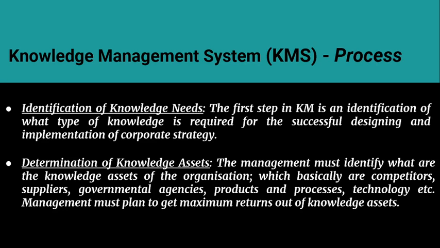Here the management of the organization must identify what the knowledge assets of the organization are, and for that the management must plan to get the maximum returns out of its knowledge assets, right? So this is the second step or process.